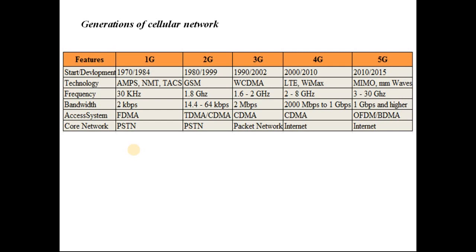What you have observed through all these generations is the speed of the data as well as the quality of the voice. You can see the different categories, the bandwidth, the different access methods and the technologies that are used. So these are the different generations and the comparison chart.